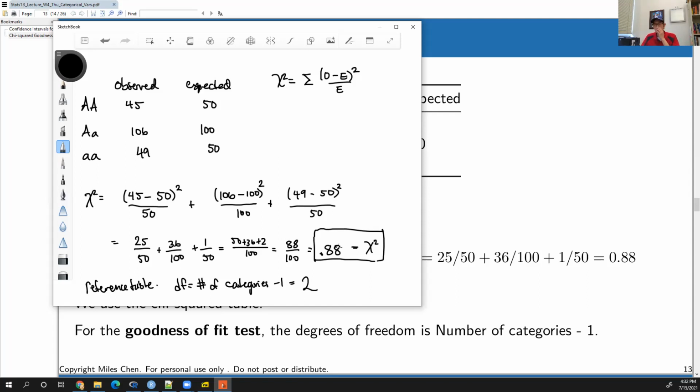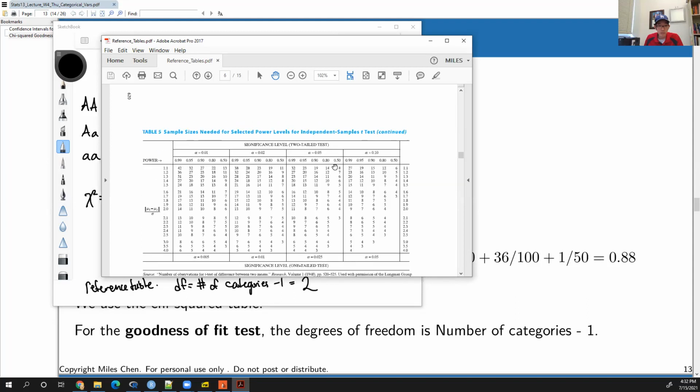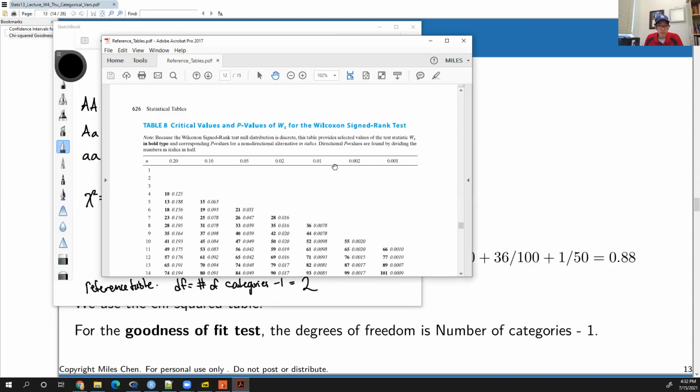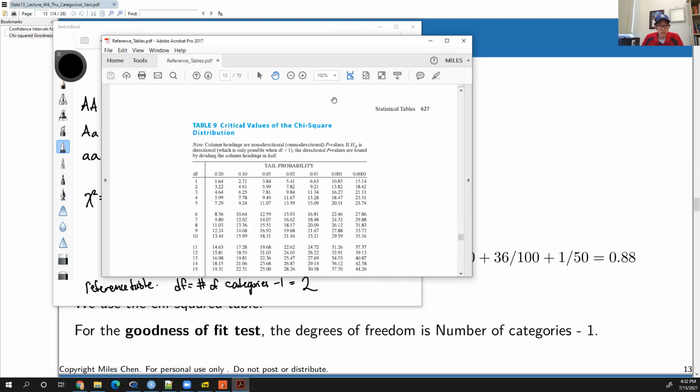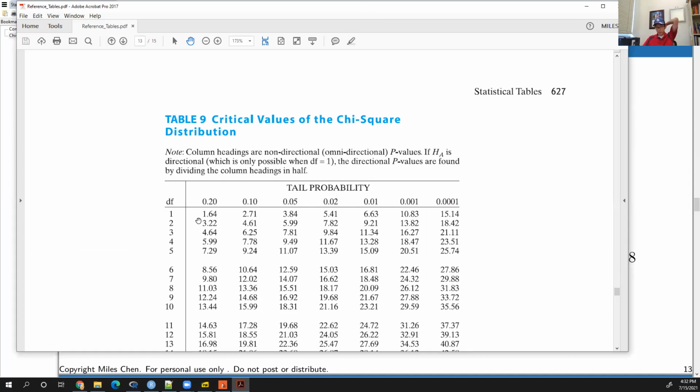We're going to go to our chi-squared table, Table 9, critical values of the chi-square distribution, with 2 degrees of freedom.